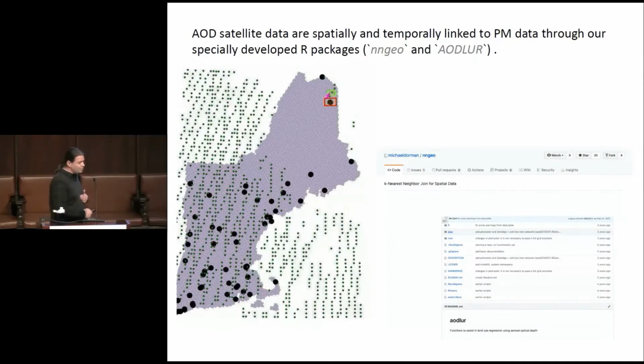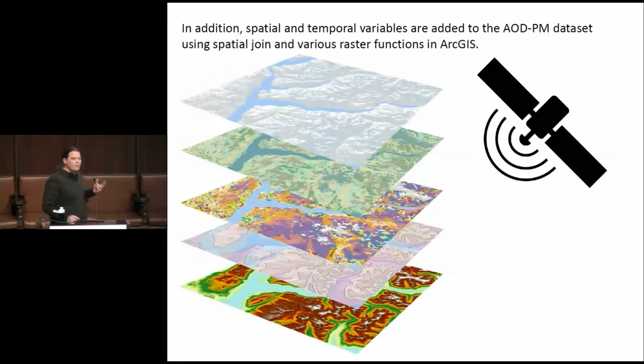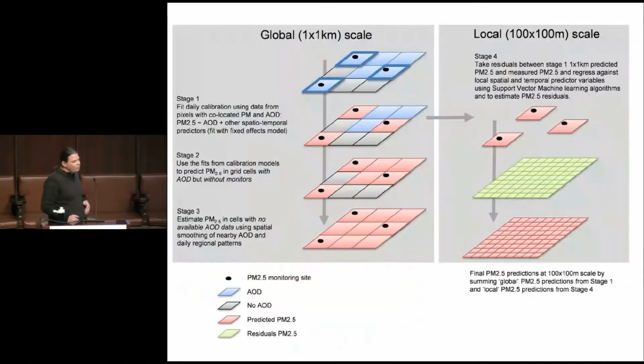We then supplement this with a very extensive spatiotemporal database, which includes land use data, meteorology data, atmospheric data, and so on, and build a very rich data set that includes traffic density, planetary boundary layer data, temperature, and so on. Once we have that, we can start calibrating the model.